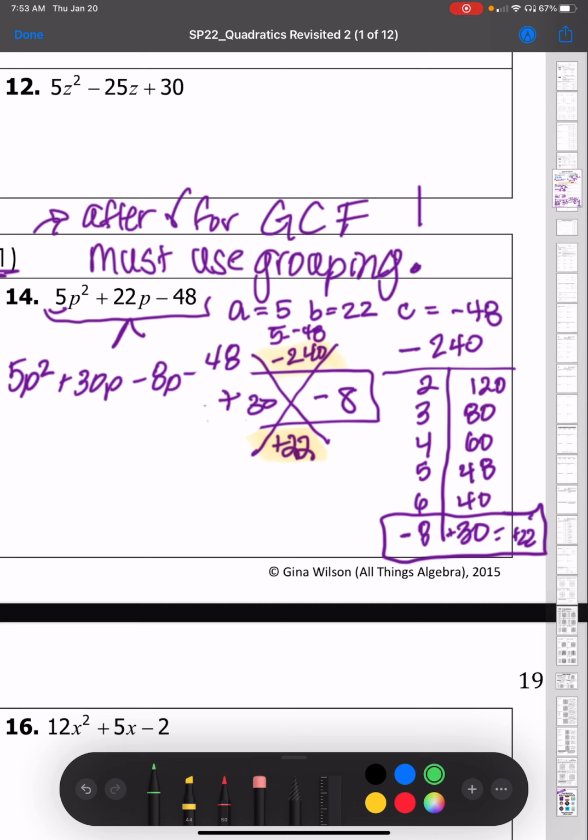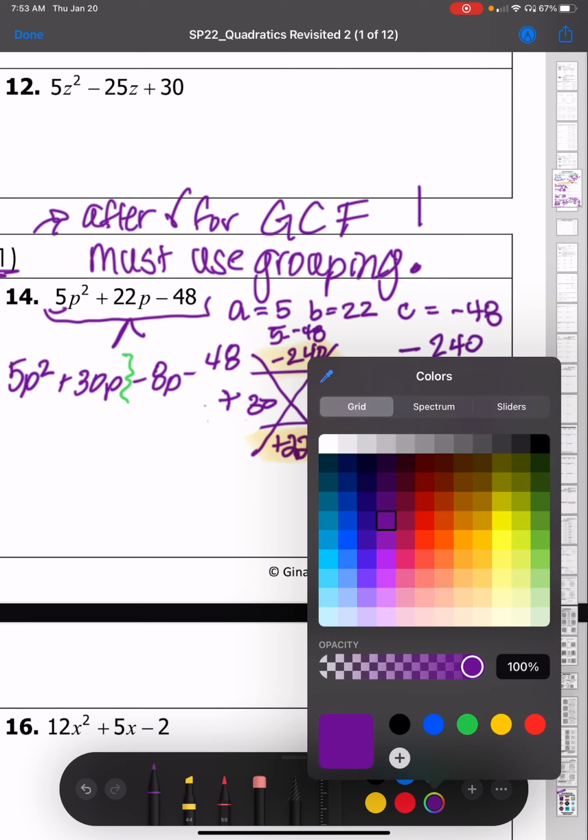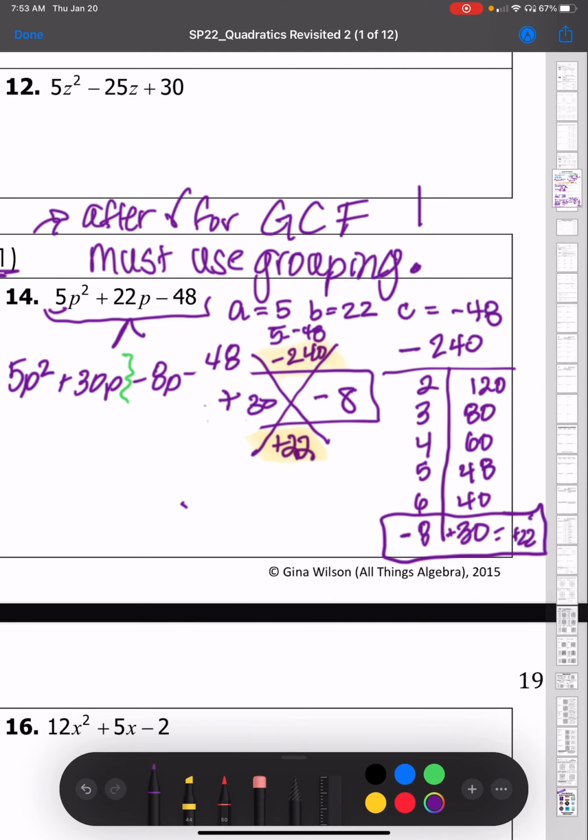We haven't changed the value of anything, because positive 30p minus 8p still equals 22p. So we have not changed the value. The only thing that we have done is split it apart so that we can factor by grouping.